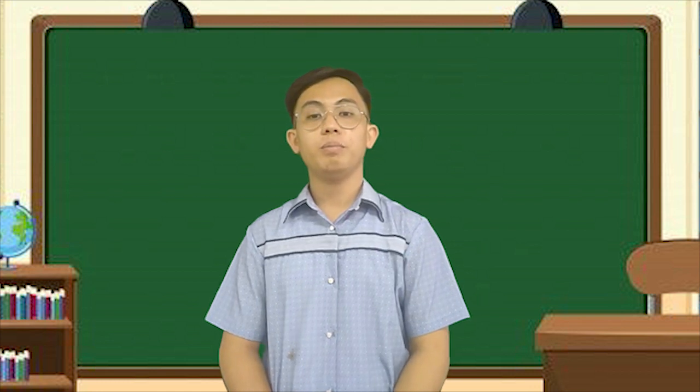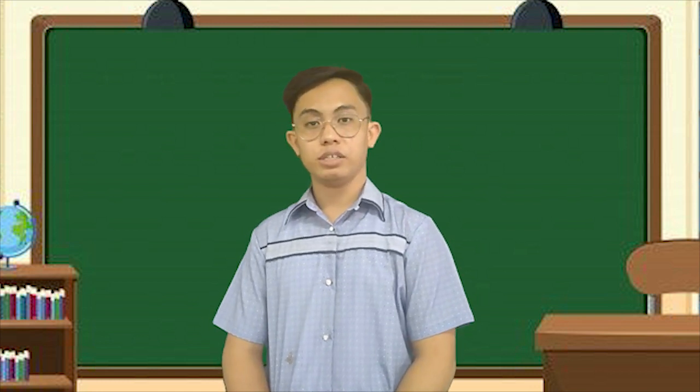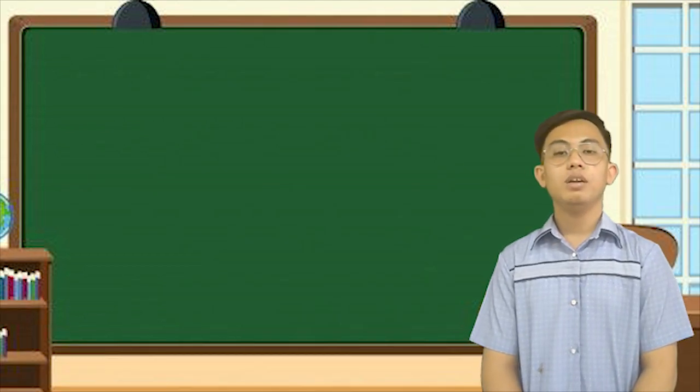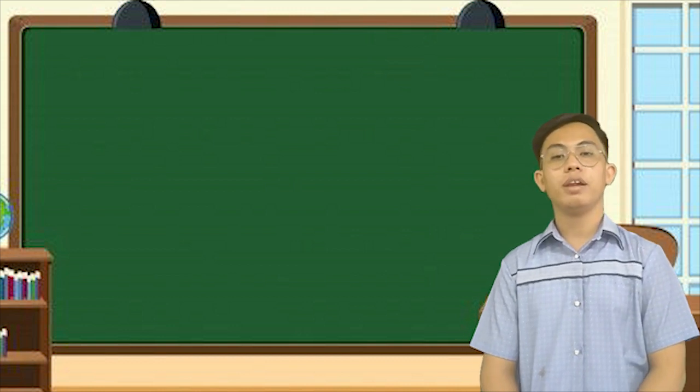Now that you are already familiar with rational function, let's come now to our next discussion. Now let's study and distinguish rational functions, rational equations, and rational inequalities based on their definition.